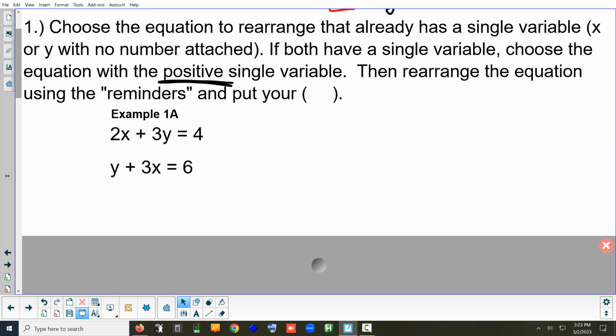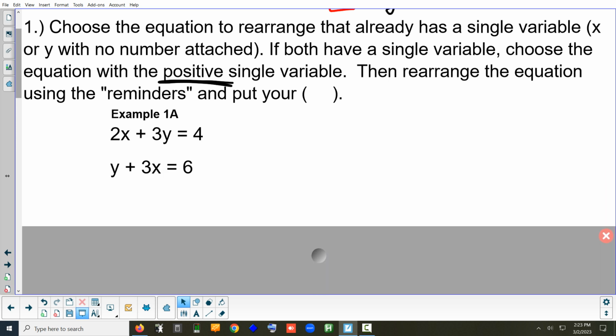Okay, so here's the one we're going to try to solve. If you look at both of these equations, does either equation have a letter on the left by itself? I see a number on the right by itself.